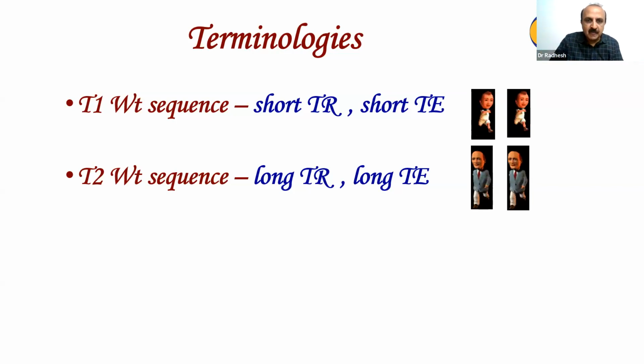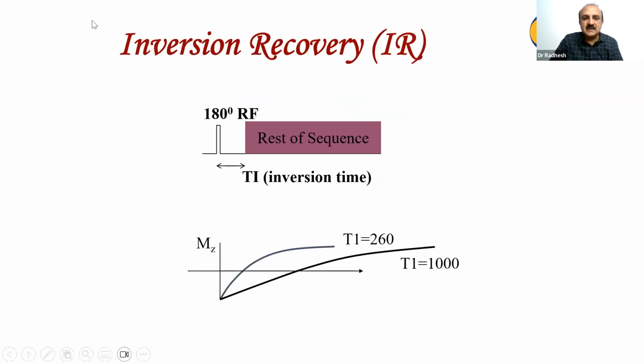I'll show you this. The third sequence is inversion recovery. Oh, wow, this is one more new term. Now, what is it? There is nothing great in this. Inversion recovery is what I do: I hit the hydrogen proton with the radio frequency, so I reverse the hydrogen proton. From this direction, I flip it 180 degrees.